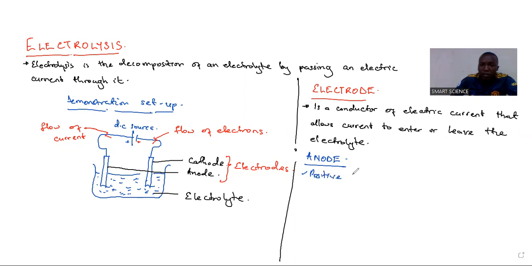So it is a positive terminal. This anode allows current to enter the electrolyte.